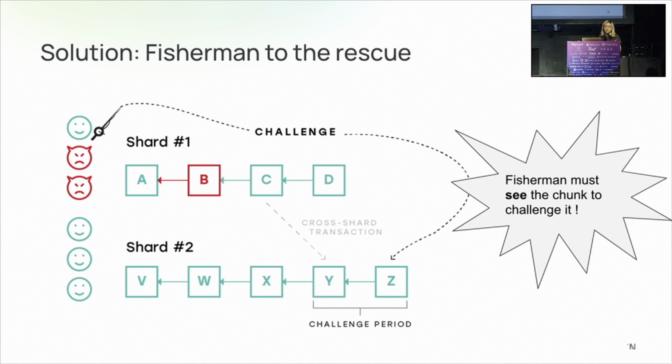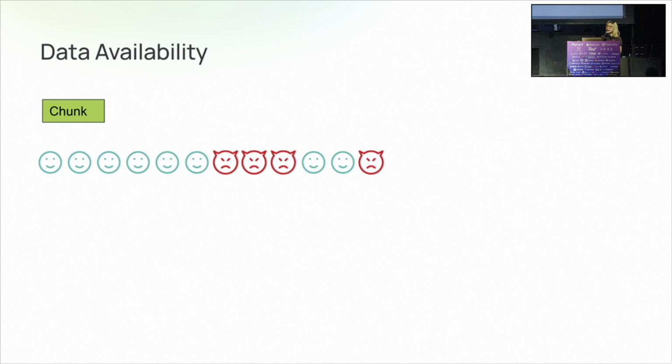So it is possible for a malicious chunk producer to produce a chunk and only publish the chunk header to be included in a block and withhold the full content of the chunk. So there's no way for other nodes, other validators, or non-validators in the system to verify whether the chunk content is valid or not.